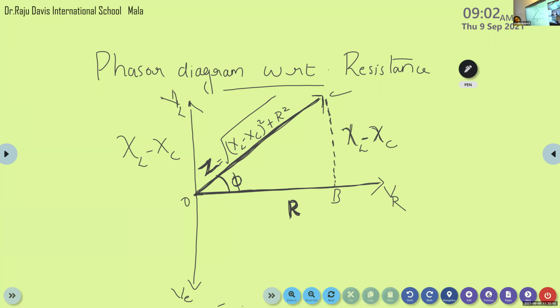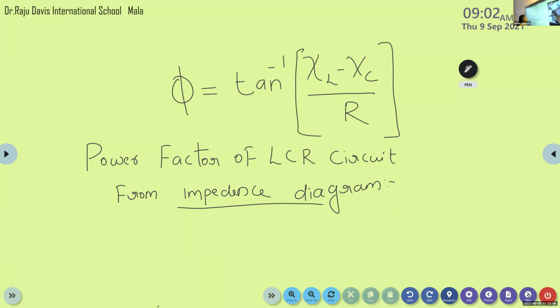Power factor is given by another angle, and that equation is important: cos phi. What is the equation for calculating cos phi?